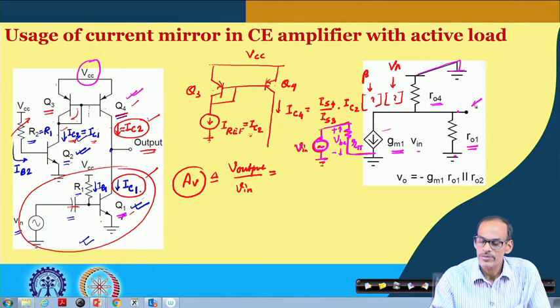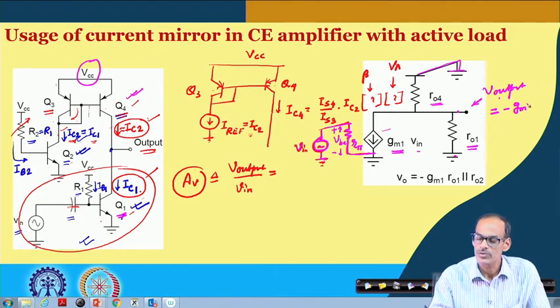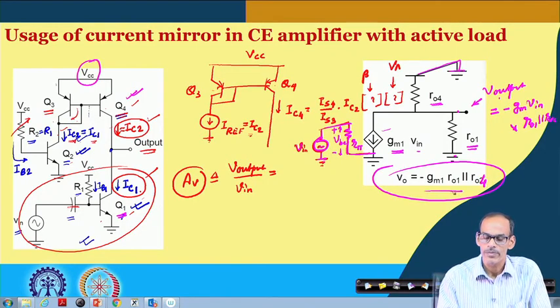Now, the voltage coming here is the output voltage, and if we analyze this circuit, this output voltage is equal to minus gm1 times V in multiplied by the two resistors in parallel. So, we have RO1 in parallel with RO4. In fact, this should be RO4 instead of RO2.